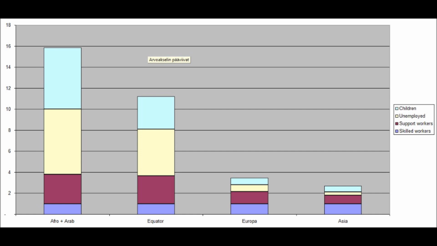And further, maybe it's enough to look at the proportion of skilled workers compared to support workers, unemployed and children. Here we see that there are 3 persons in Asia per skilled worker, but 16 in Arab countries and Africa.